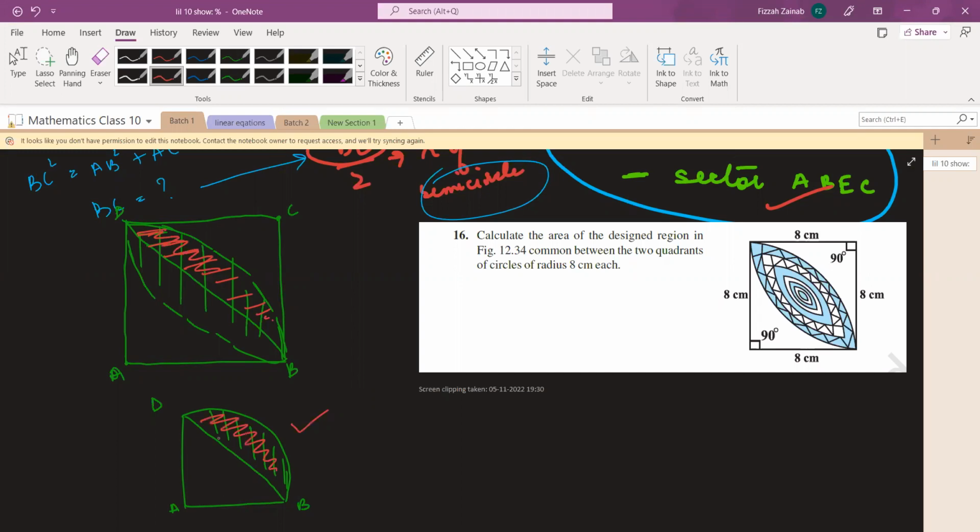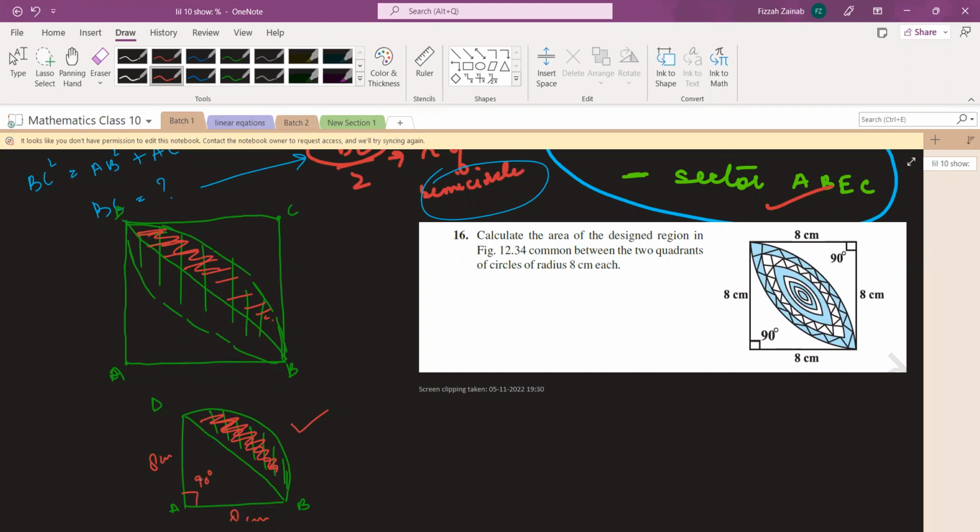Now I need this red area. So what will I do? Sector minus triangle, right? Every side is given, 8 centimeter, 8 centimeter. The triangle is half base into height. And for the sector, radius is given, theta is given. You can find the area of the sector. Clear?